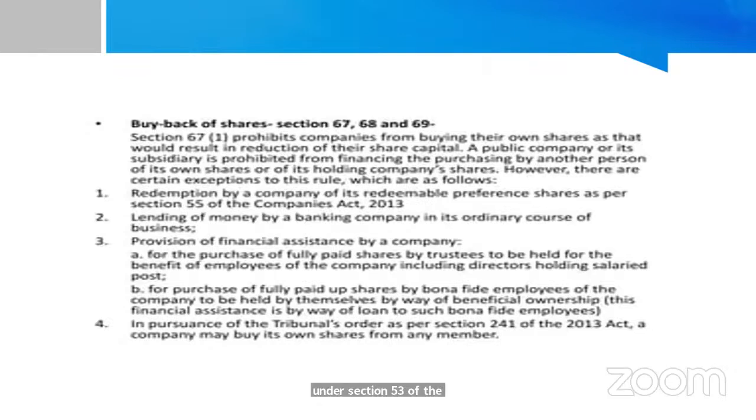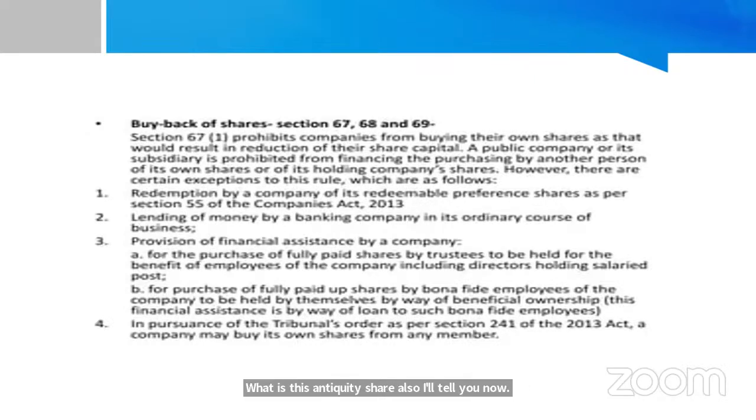So what is Section 53 saying? That a company will not issue shares at a discount except as provided under Section 54. Now, Section 54 deals with the issue of sweat equity shares. What a sweat equity share is, I'll tell you after some time.